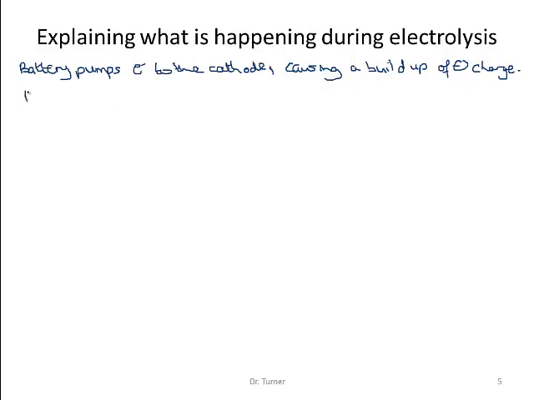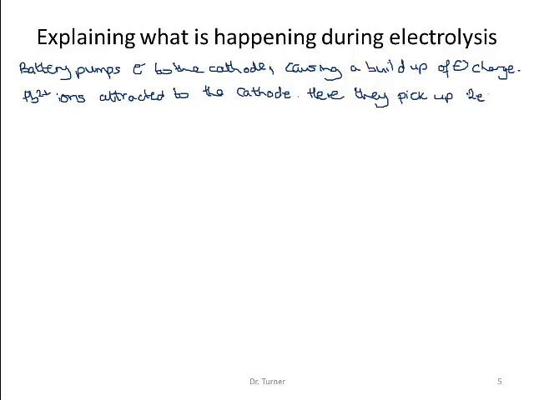This attracts the Pb2+ ions. When they get there, they pick up 2 electrons. The lead 2+ ions are reduced to lead metal, which is deposited on the cathode or falls to the bottom.